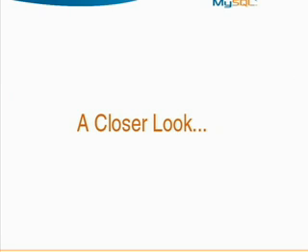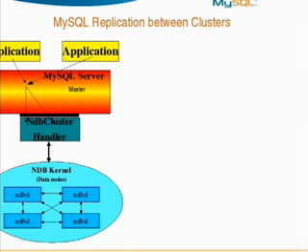So if we have a closer look at how this works, we have a master cluster here. We've got a MySQL server that's going to act as our replication master. Applications could also query this, but more commonly you'll have them querying other nodes, so you have as much load spared for this machine as possible. You can also have NDB API programs coming in here, or other MySQL servers.